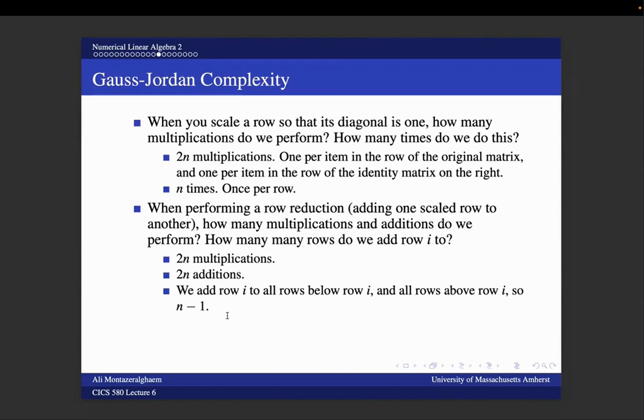So if we need to compute the complexity of this algorithm, we need to count all of these operations that we did, which are the basic operations that we have in this algorithm.